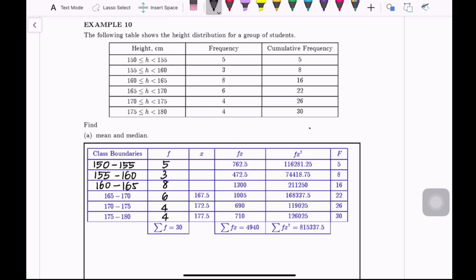The class mark is determined by the midpoint of the class limits. So the midpoint of 150 and 155 is 152.5, then 157.5, 162.5 and so on. Then we determine the fx and total it up. Determine the fx squared, then we find the total for fx squared.